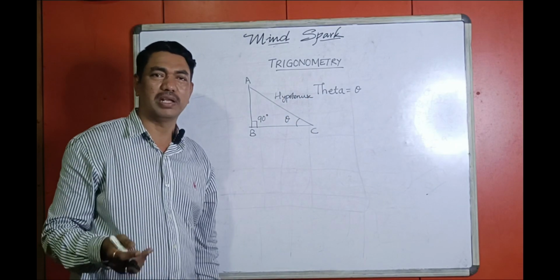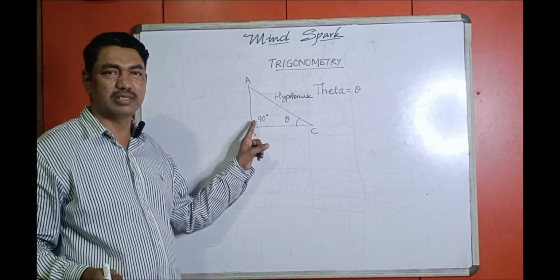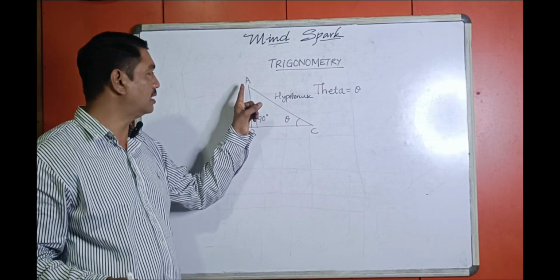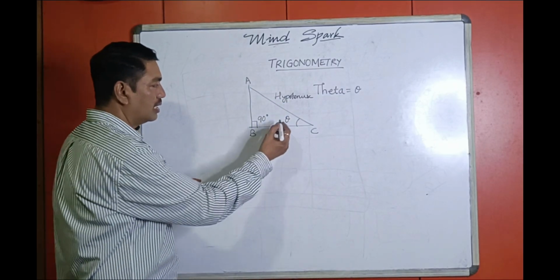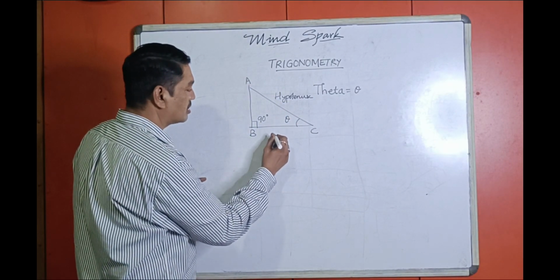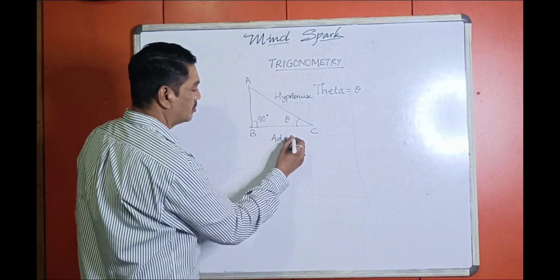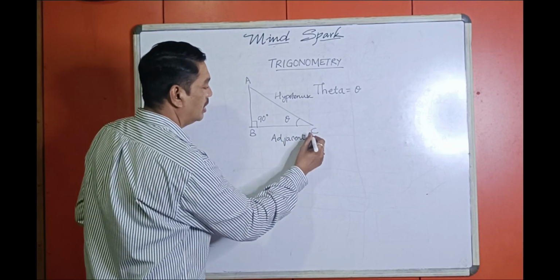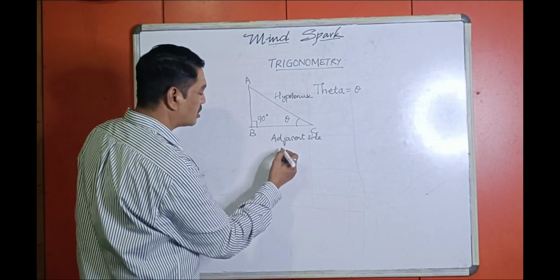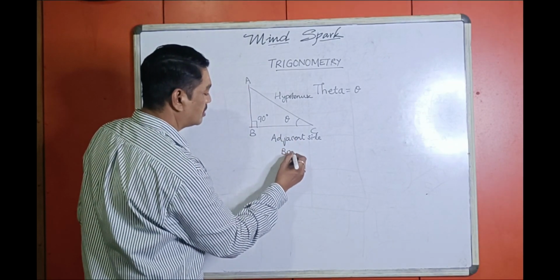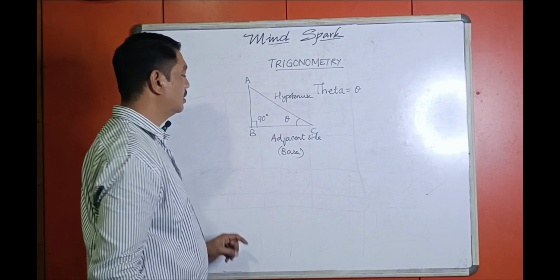So listen to me very carefully. Wherever 90 degree is there, just opposite to that side is called the hypotenuse. And the side near to theta is called the adjacent side, or also the base.